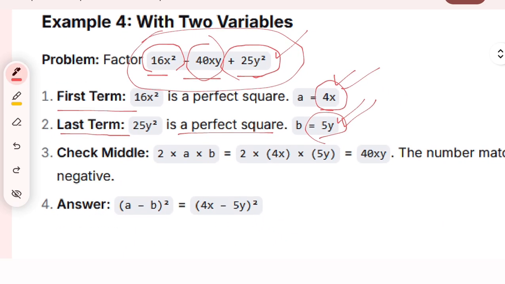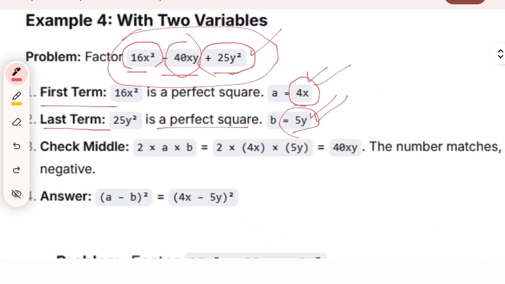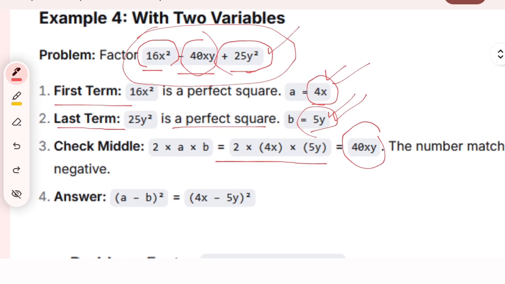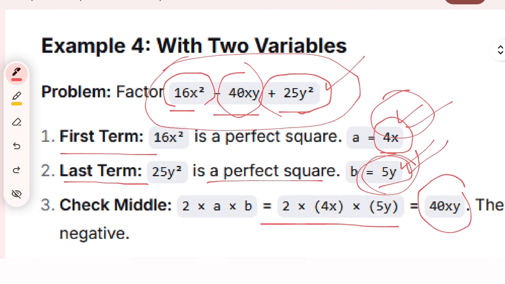All right. So the middle term, when you multiply 2ab, is indeed 40xy. So when we factor the trinomial, the factor is a binomial, and the binomial is 4x minus 5y, or simply this one and this one. So 4x minus 5y, and then you square it. Why is it minus? It is minus because the middle term of the trinomial is negative.